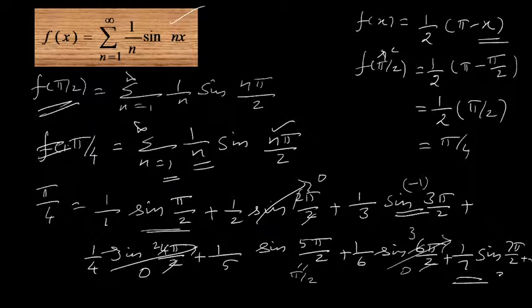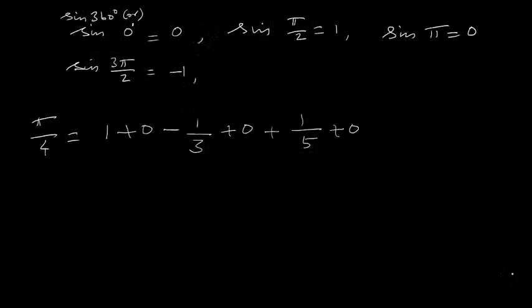Sin 7 pi by 2 is nothing but sin 3 pi by 2. Since it is periodic, 7 pi by 2 is nothing but sin 3 pi by 2. The value of sin 3 pi by 2 is minus 1, isn't it? So that is minus 1 by 7 plus etc.